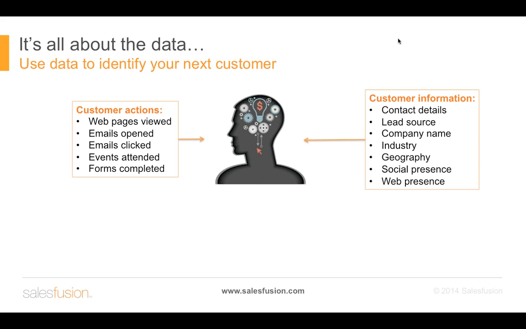So they came in and looked at a web page, and then they came back and finally told us who they were, and then they downloaded a white paper, and then they got an email and opened that email and clicked it, and then maybe they came to a webinar like everyone is doing today.